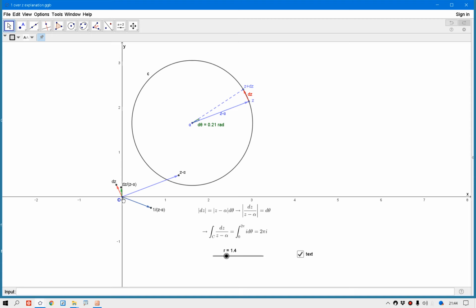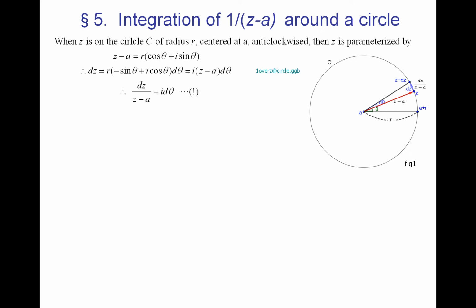So dz over (z minus alpha) doesn't change as long as d theta doesn't change. Now d theta is 0.2 radian. It's almost a fifth of this length. So from our eyes, we can see that dz over (z minus alpha) equals i d theta, which is 0.2 i. Okay?